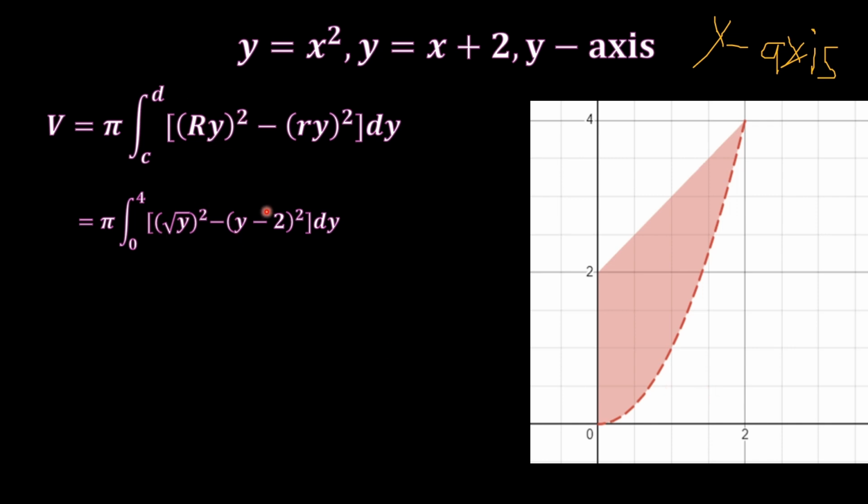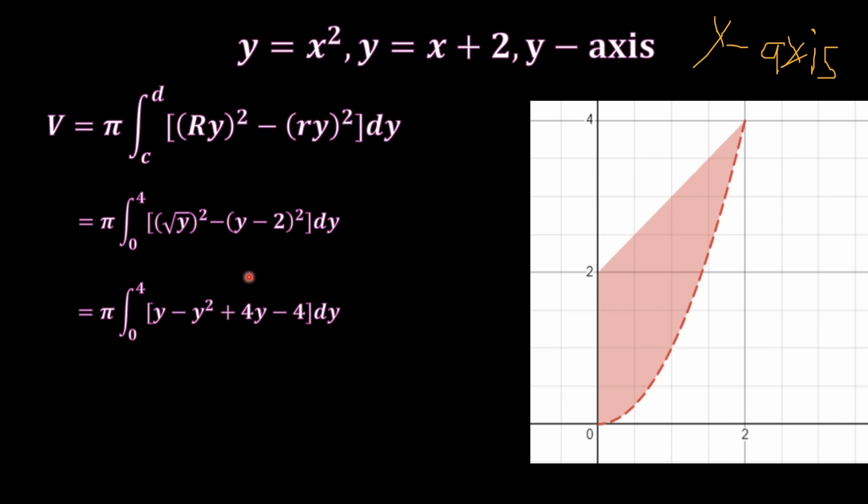So the outermost radius is going to be square root of y squared, minus the innermost radius, which is now the linear function y is equal to x plus 2, or in terms of y, we just subtract 2 from both sides. So you'll be getting y minus 2 squared.